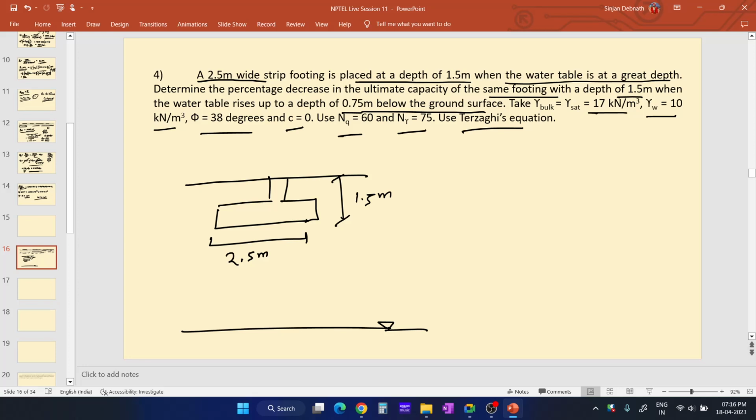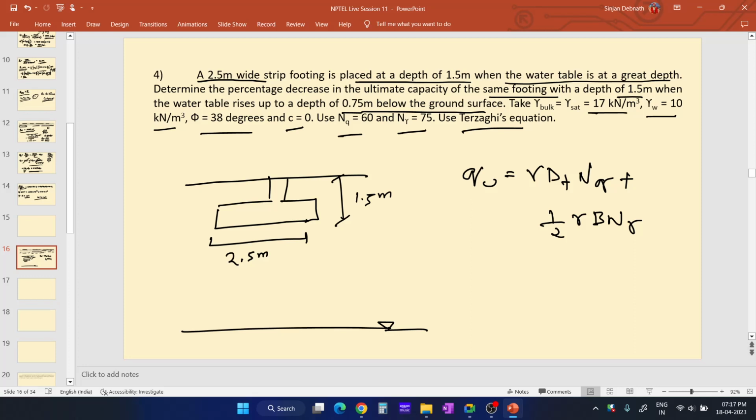The ultimate bearing capacity in this particular case, Q, we can write like this: gamma Df Nq plus half into gamma B N gamma. This is a strip footing, and this is sand, so the first part, the C Nc part, will be 0 because C is equal to 0.